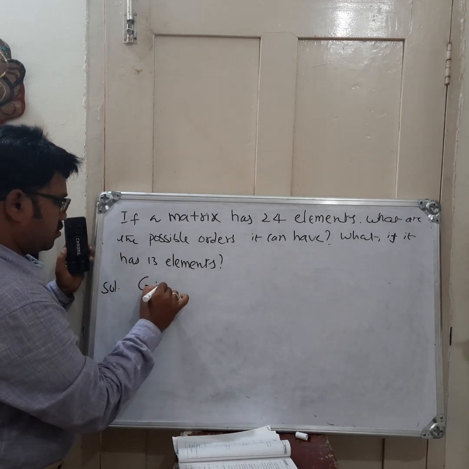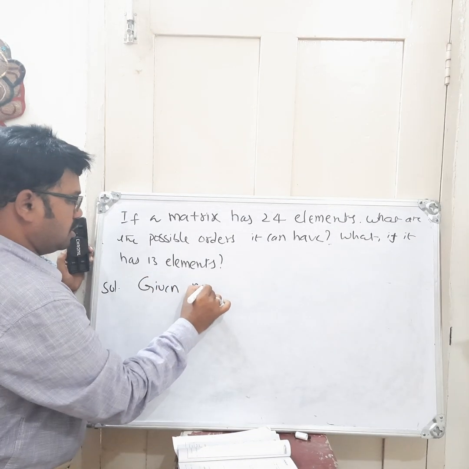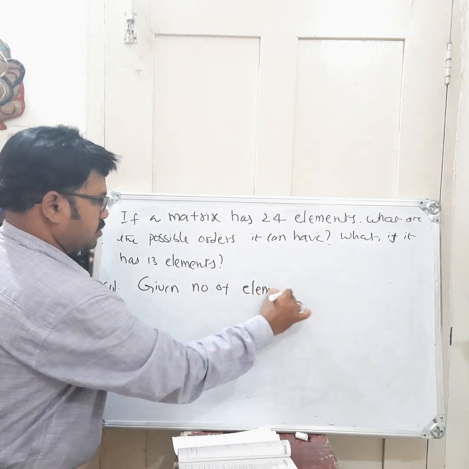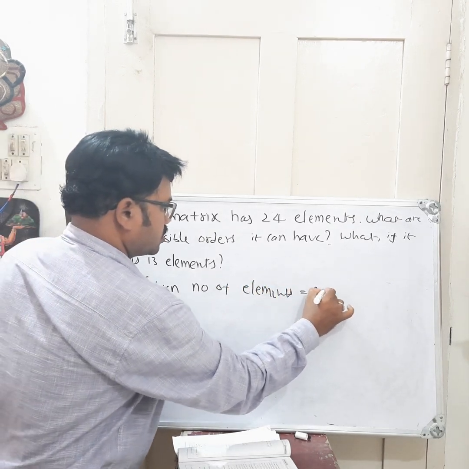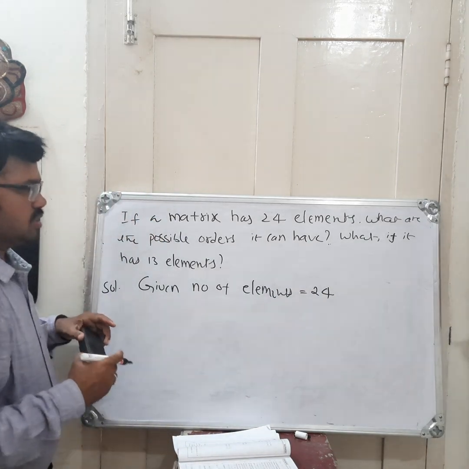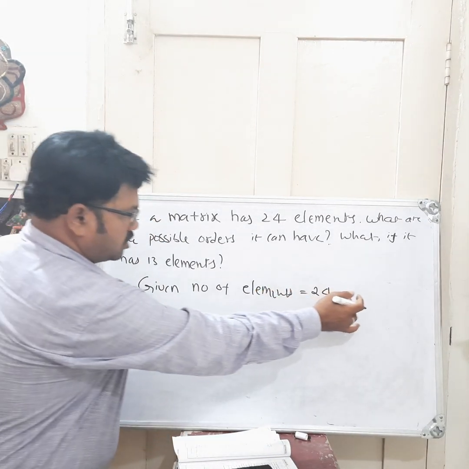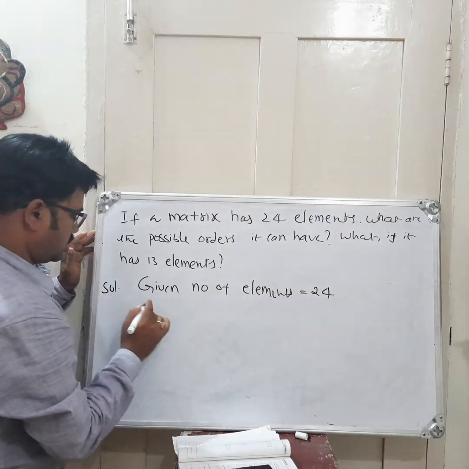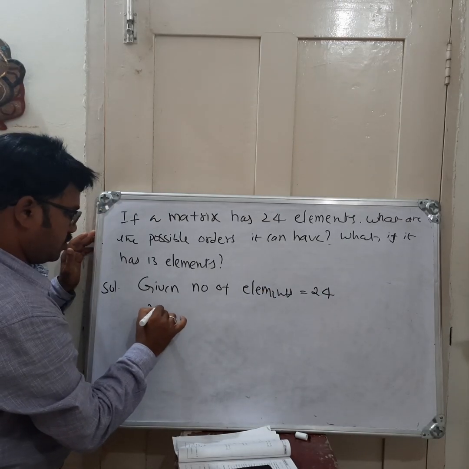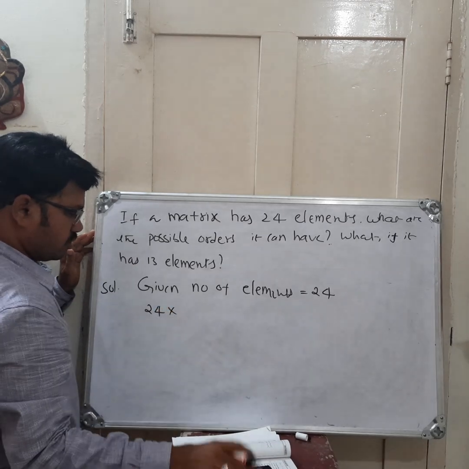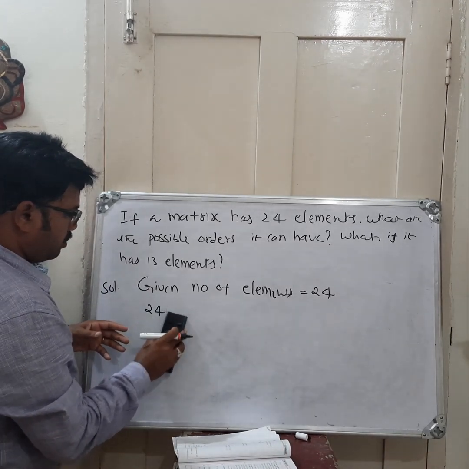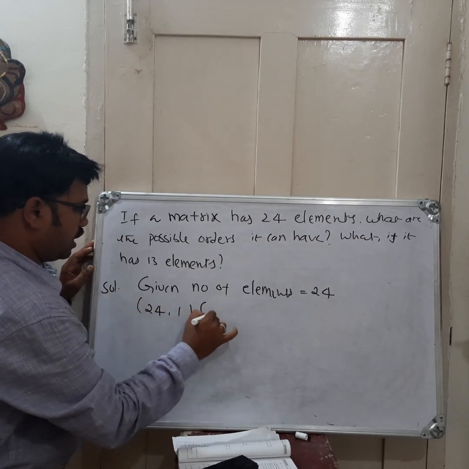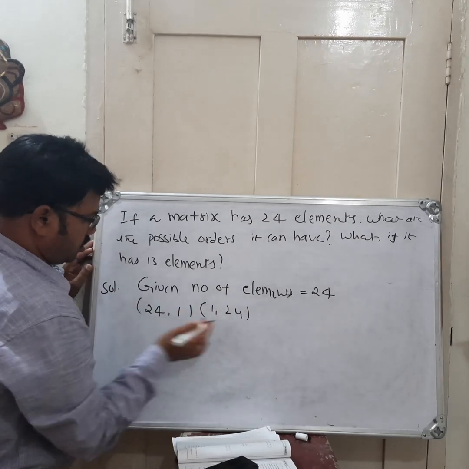Given the number of elements equals 24. Here we observe the factors of 24: 24 into 1 and 1 into 24.